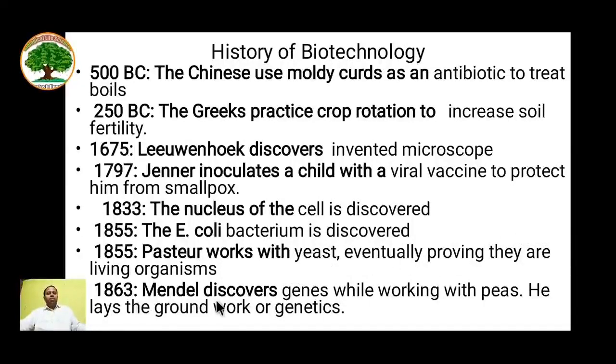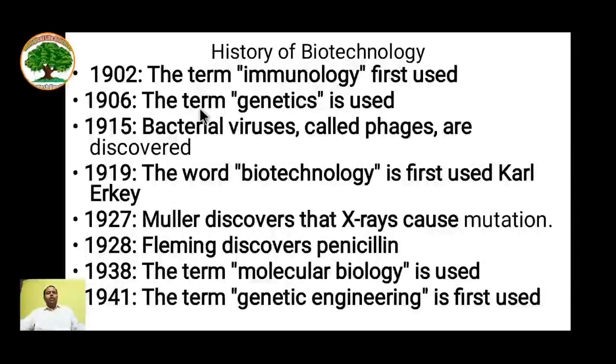In 1863, Mendel discovered factors, which were later called genes, while working with garden pea. He laid the ground for the work of genetics, and he discovered the three laws of genetics. In 1902, the word immunology was first used. The term genetics was used in 1906. Bacteria and viruses called phages were discovered in 1915.